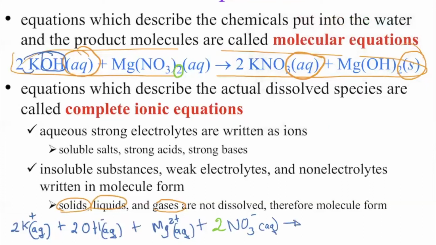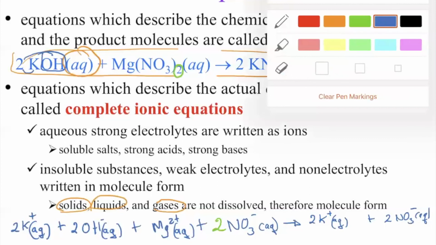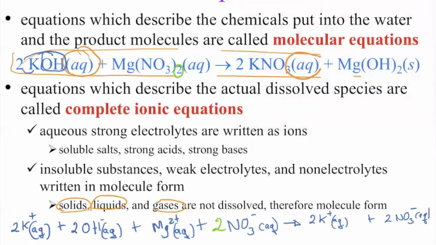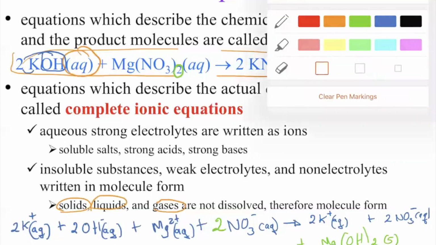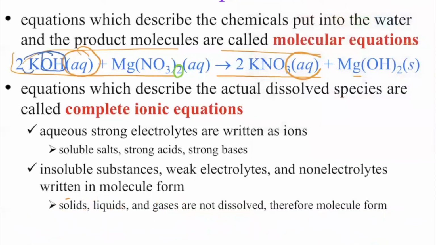It's aqueous, so I'm gonna do 2 potassium plus aqueous, don't forget the states, plus 2 nitrates, aqueous, and with the charge. Then you move to the next one, which happens to be a solid. A solid, we are not gonna separate it, so I'm just gonna write plus Mg(OH)2 solid. And this is your ionic equation. Here's your answer.